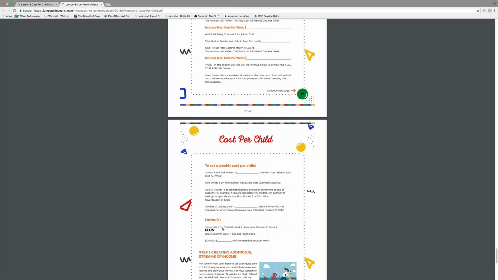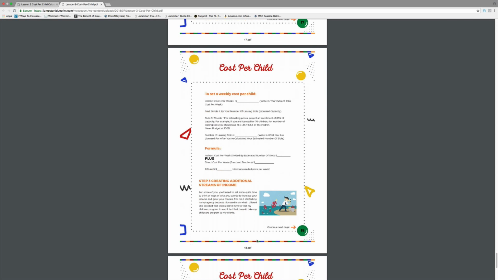So then you have your indirect costs per week divided by your estimate number of slots, plus your direct costs per week, food and teachers. And once you take that number, it equals the minimum amount needed per week. Once you look at that, you can start doing step 3, which is creating additional streams of income.